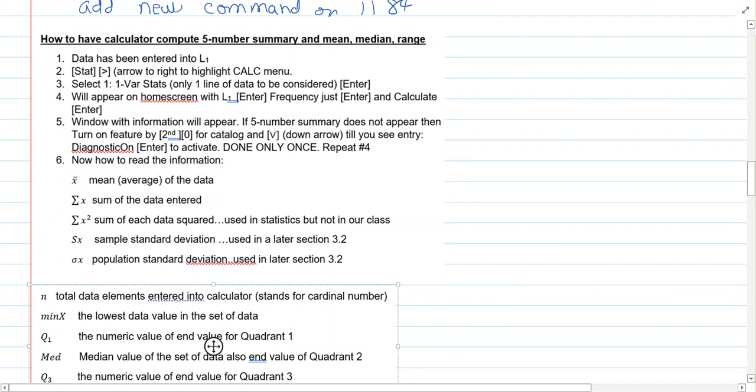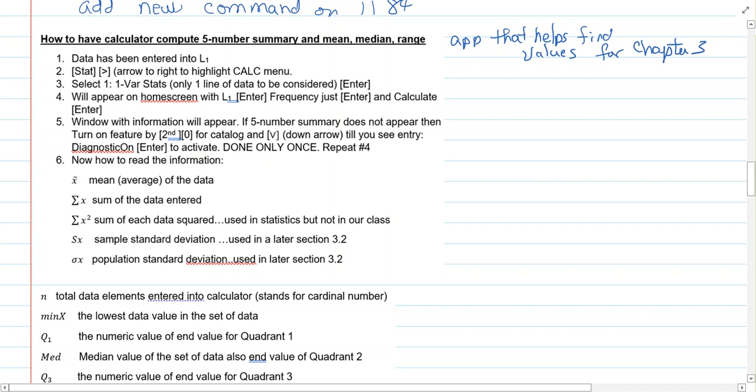This is the app that helps find values for chapter 3. Now this is new.